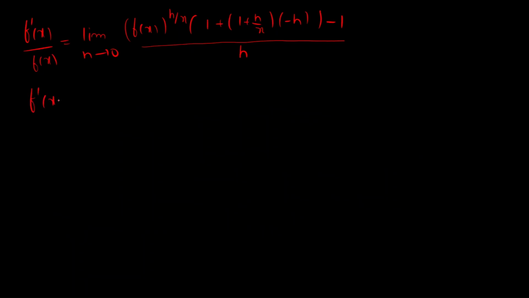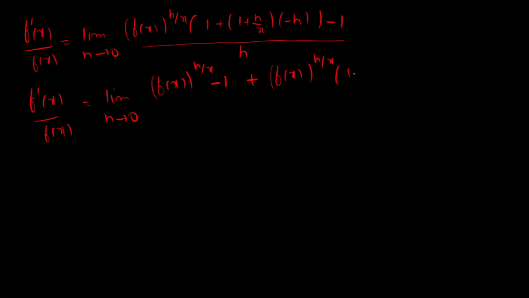f dash of x by f of x is equal to limit h tends to 0, f of x power h by x minus 1, plus f of x power h by x into (1 plus h by x) into minus h, divided by h.